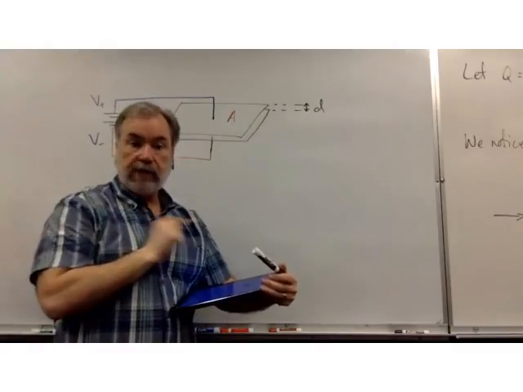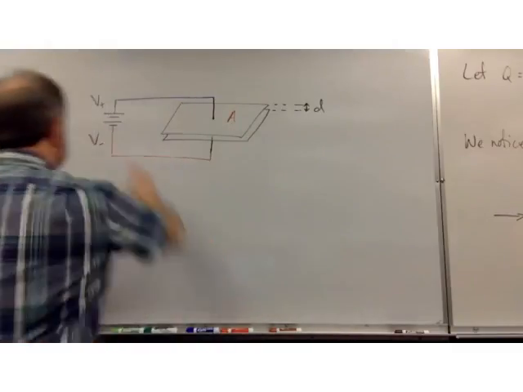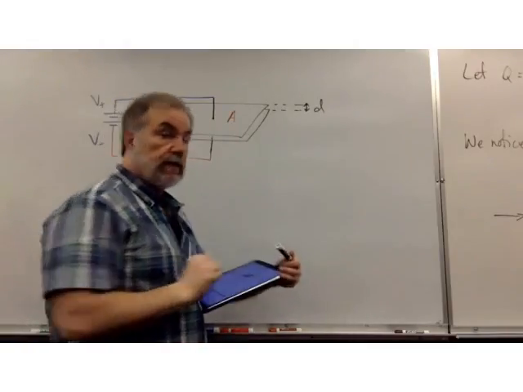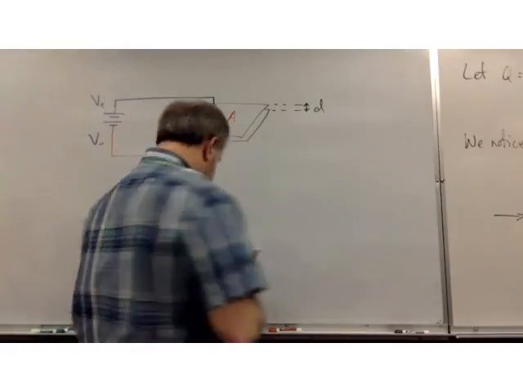Okay, so when I write down V in the next expression, although it's going to be mathematically equal to the potential supplied by the battery, it's going to be conceptually referring to the potential difference across the plates.